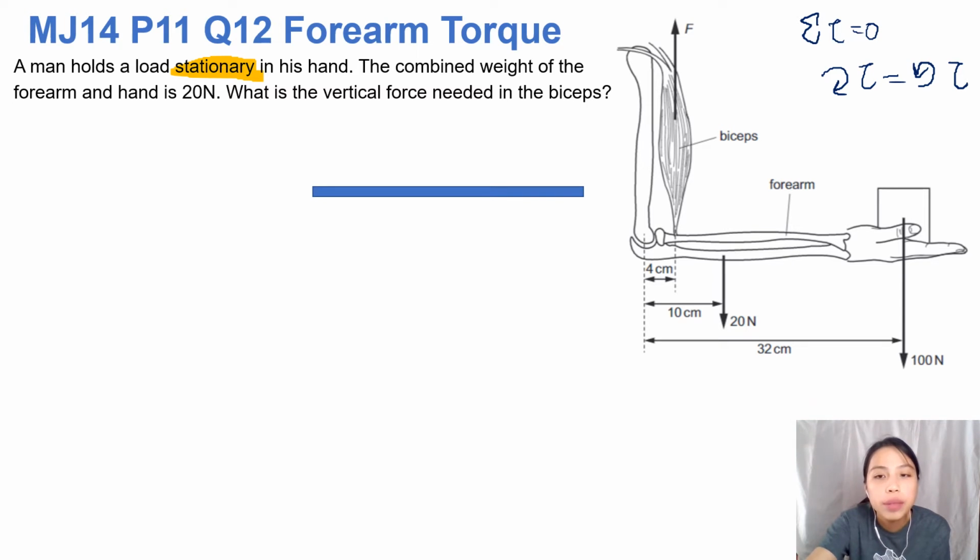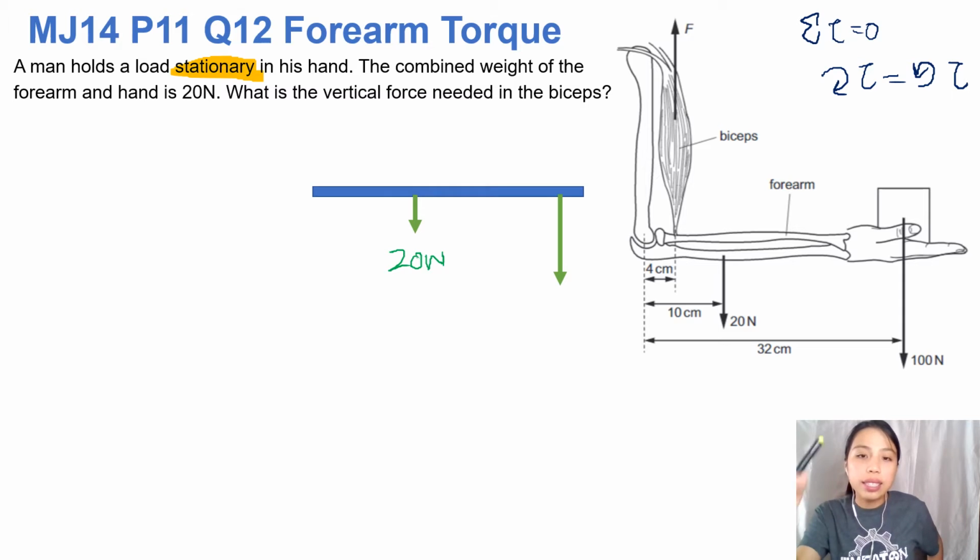You have a rod. You have the weight of the arm plus the hand. So that's given to us as 20 newtons. That's a force that's going to cause the hand to just drop down because there's a weight.